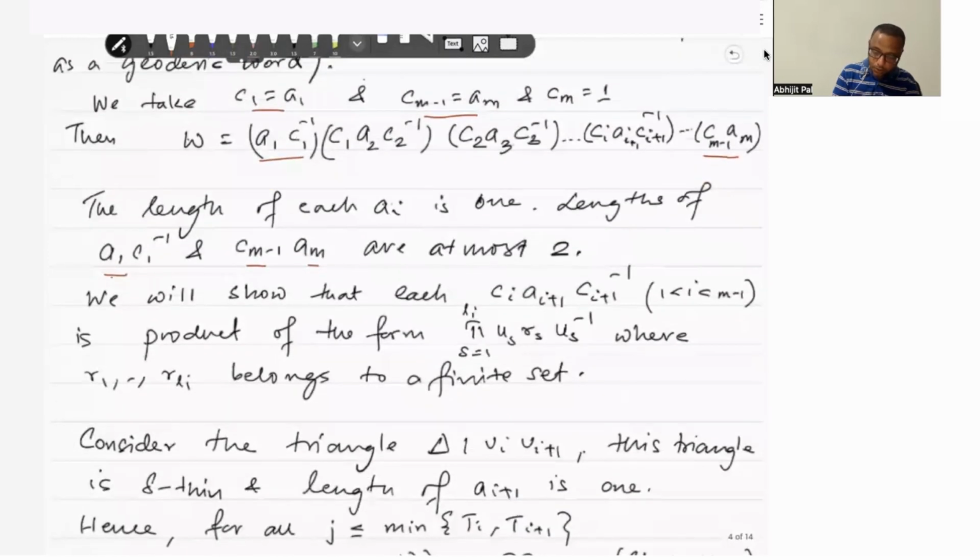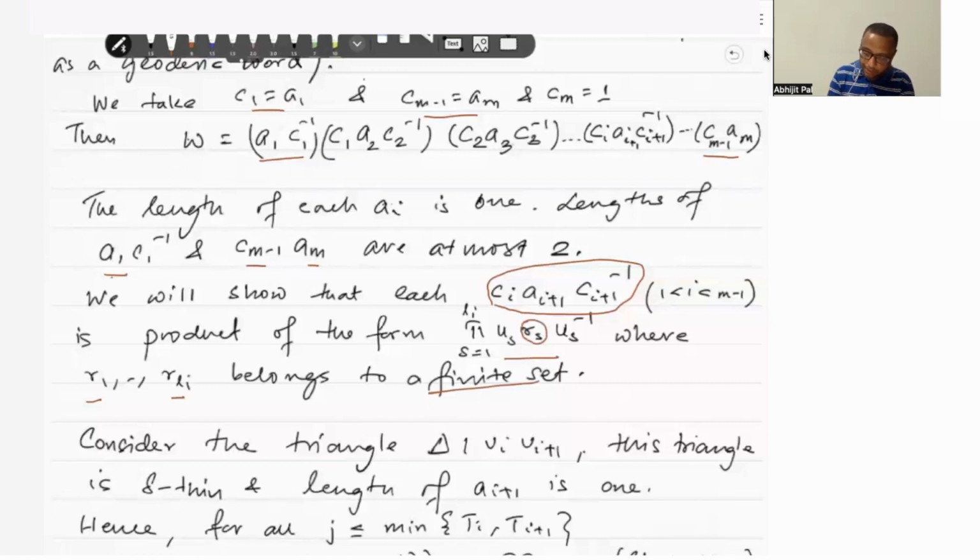And now what we'll show is that each of these loops is a product of the form US RS US inverse. It is a finite product where this Rs belongs to a finite collection.